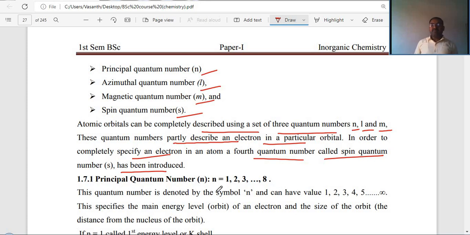The principal quantum number is denoted by the symbol n and can have the value of whole numbers 1, 2, 3, 4 up to infinity.